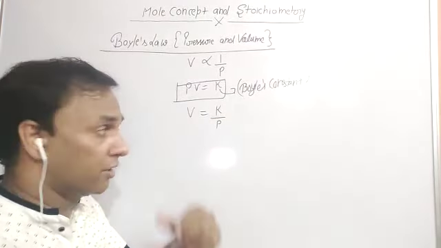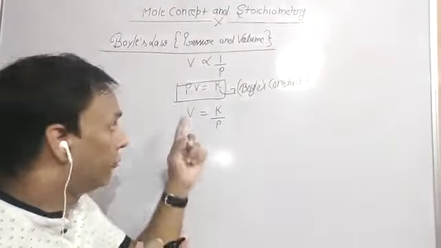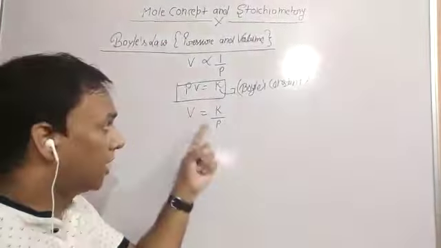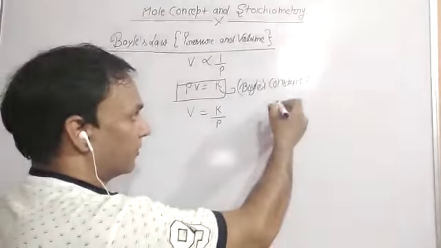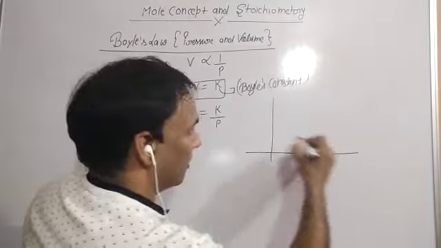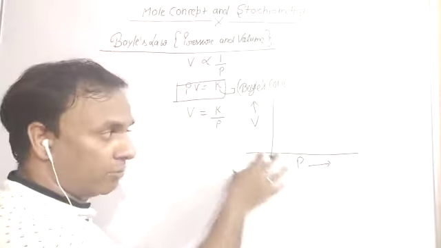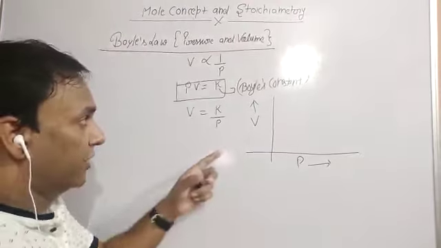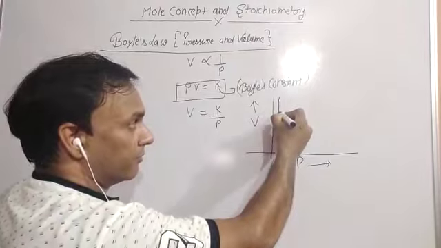Clear? Whenever the volume is increased, that means pressure is decreased. When the volume is at its highest point, the pressure is at its lowest point. When we plot the graph between volume and pressure, when the volume is increasing, the pressure is decreasing.